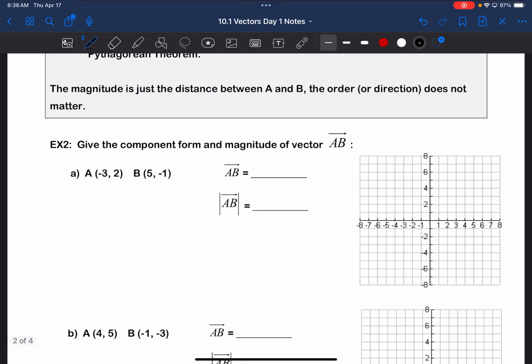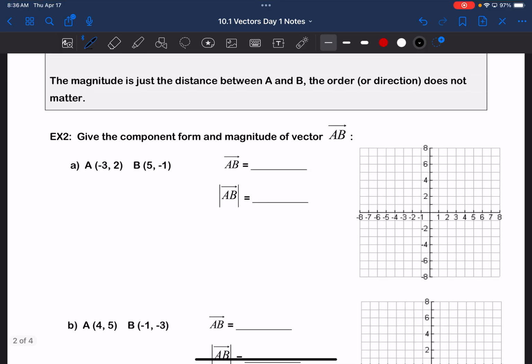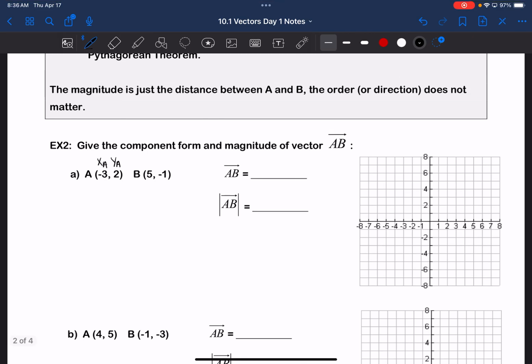All right, for part A here, it says that this is some coordinate point. So this is my XA, YA. And then point B, this is going to be my XB, YB. When they ask for the vector, this is where order does matter, right?